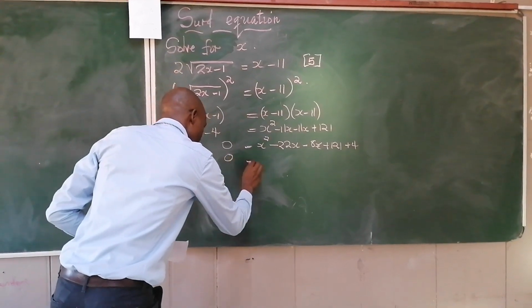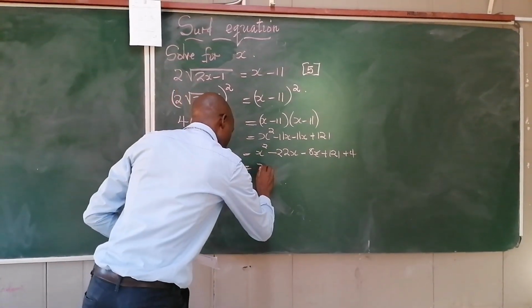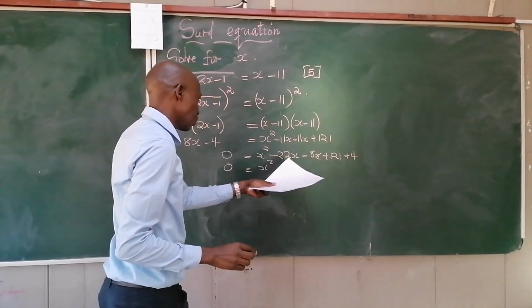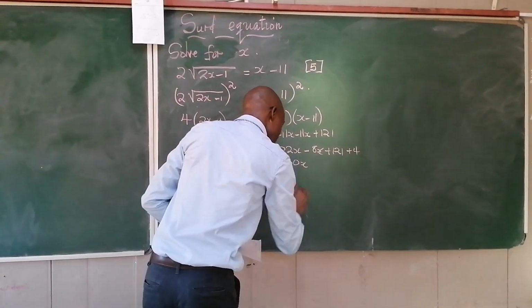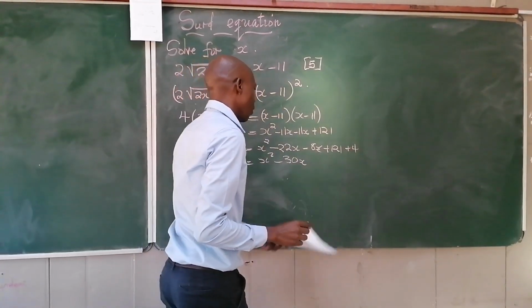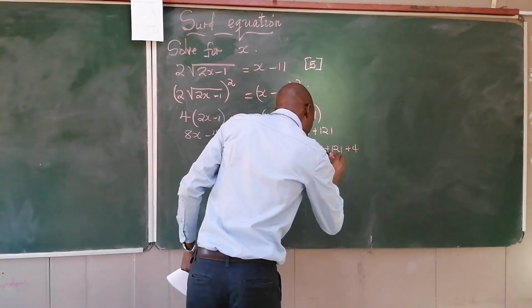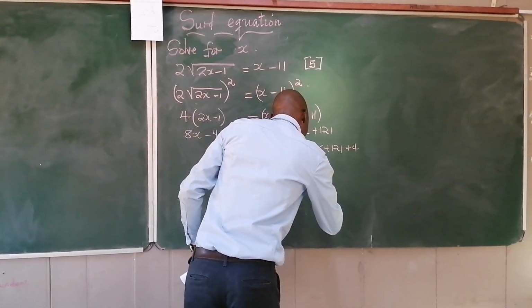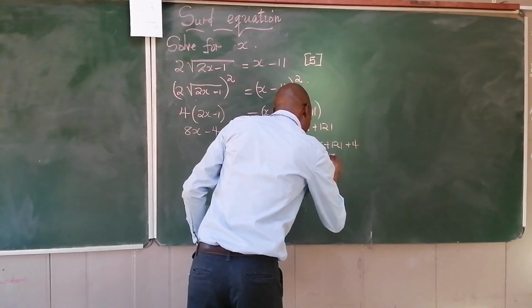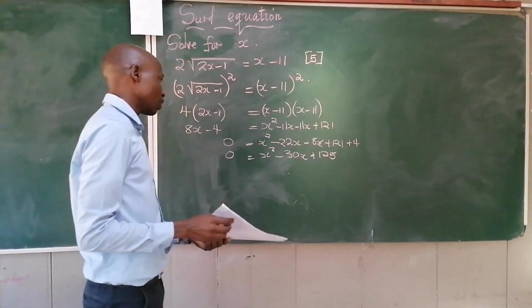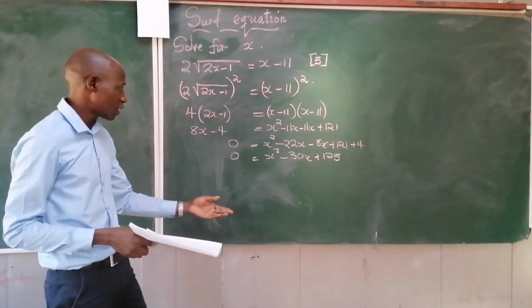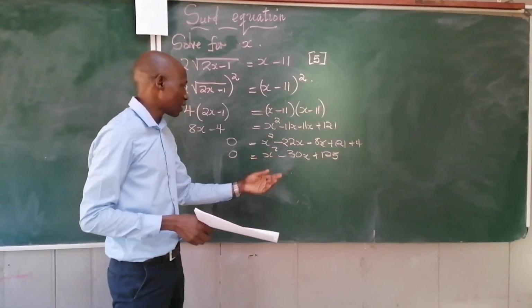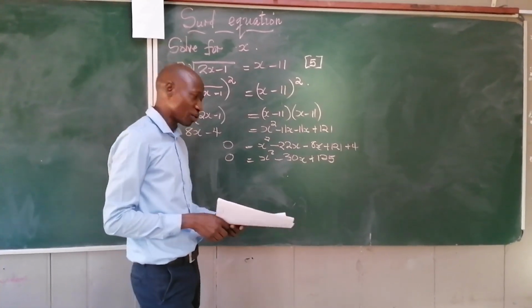Now proceeding, this becomes x squared minus 22 minus 8, this gives us minus 30x, and then we have 121 plus 4, this gives us 125, so plus 125. This is equal to 0. This becomes a standard quadratic equation, x squared minus 30x plus 125.